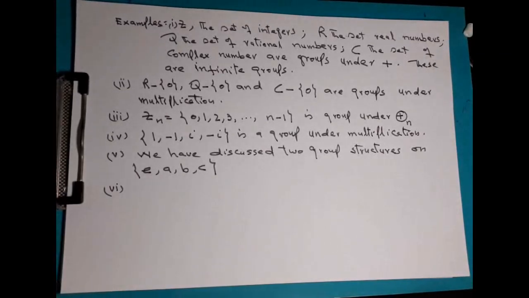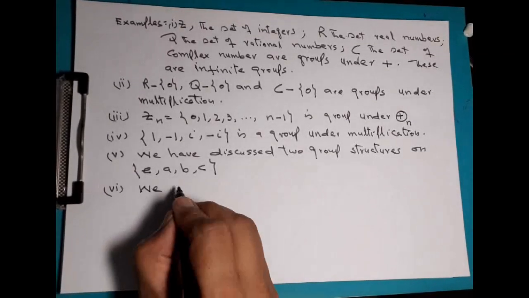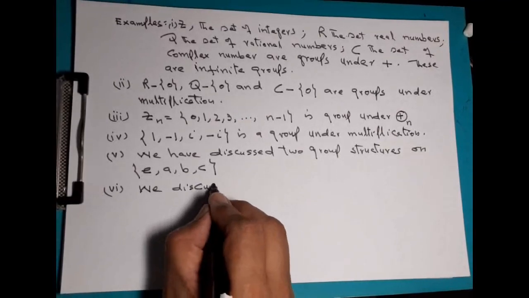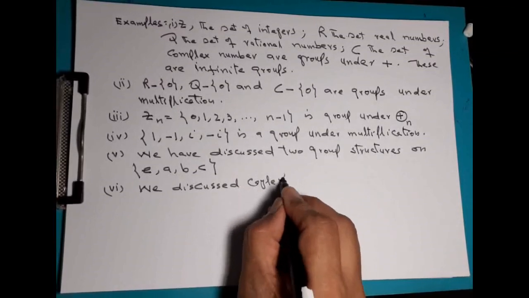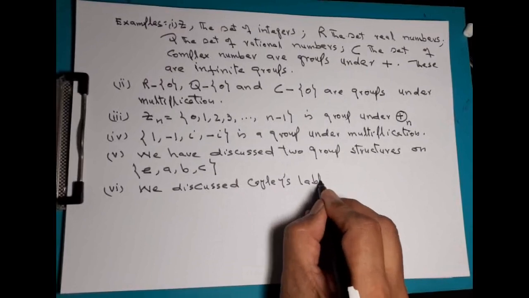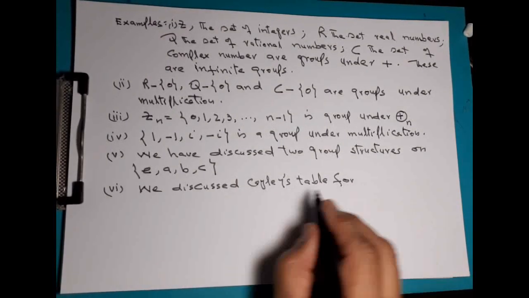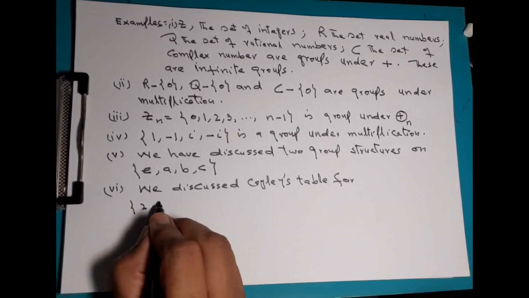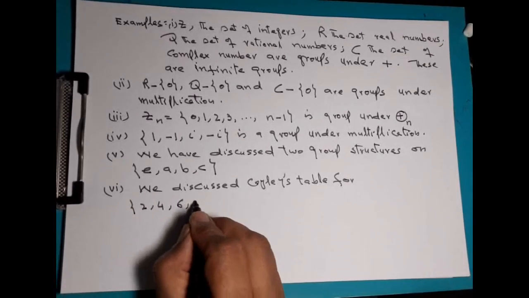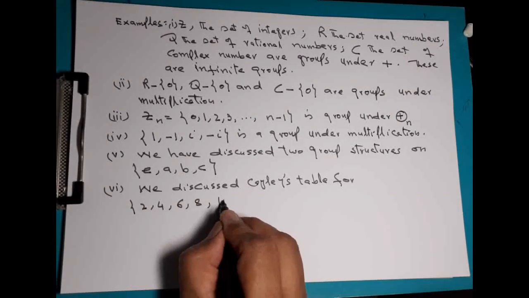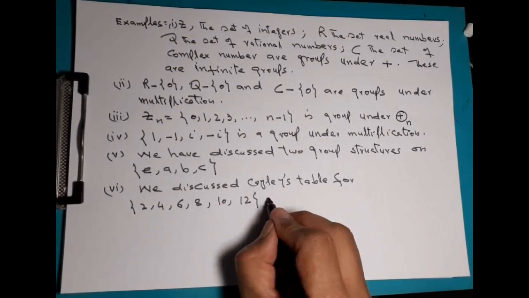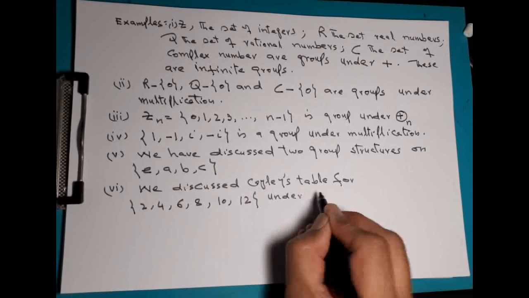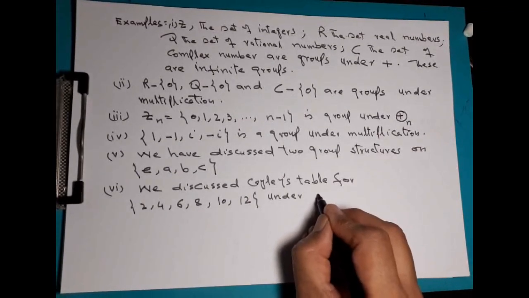And we also discussed a Cayley table for this particular set 2, 4, 6, 8, 10, and 12, and the binary operation was multiplication modulo 14.